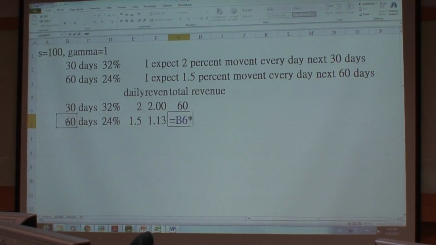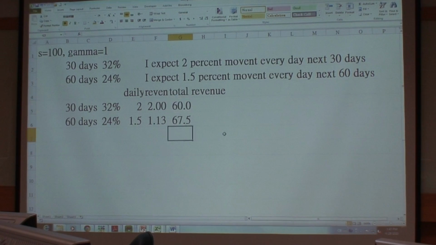60 days, each worth $1.13, makes the movement embedded in these 60 days 67.5. So you now see the movement is expected to be very much in that first set of 30 days.